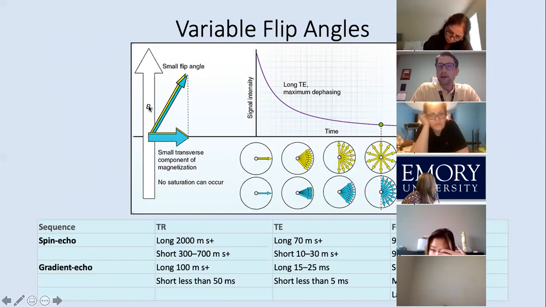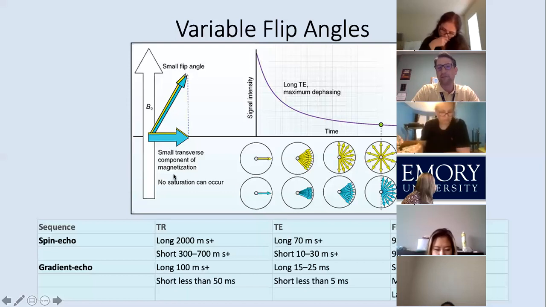So it almost regrows quicker in the longitudinal plane because it never really flipped entirely into the transverse axis. So tissues tend to recover faster when you have smaller flip angles. And when that happens, you get less saturation, meaning with the next RF pulse, it doesn't get flipped past 90 degrees.